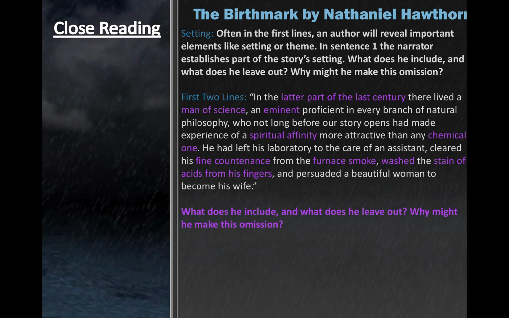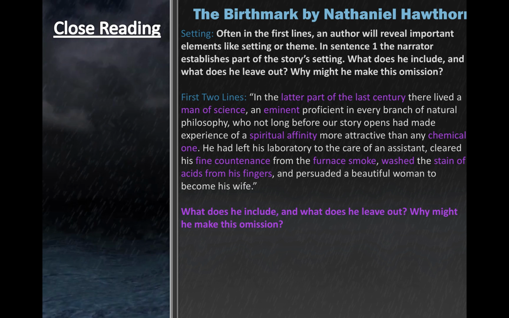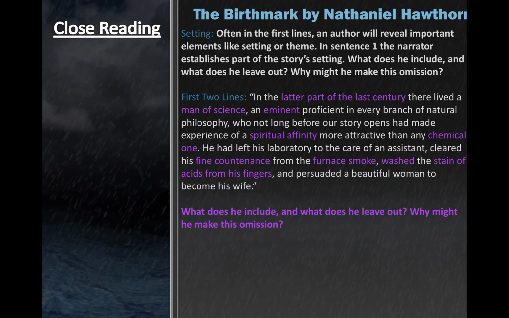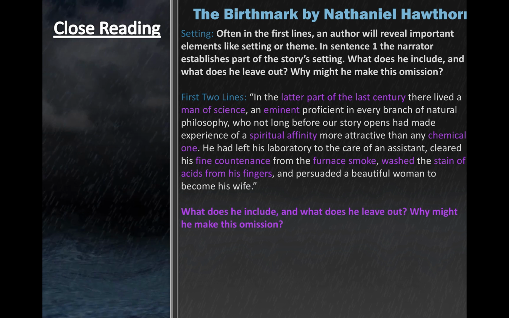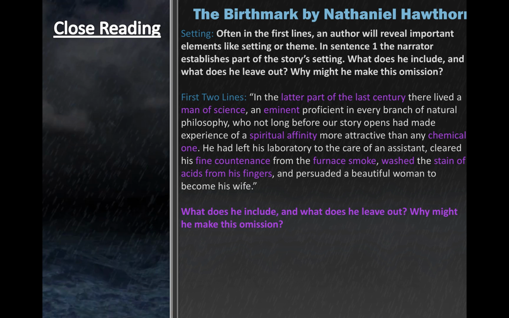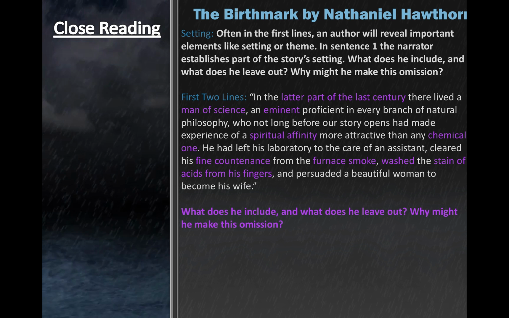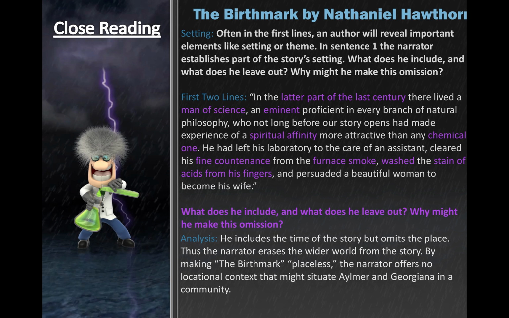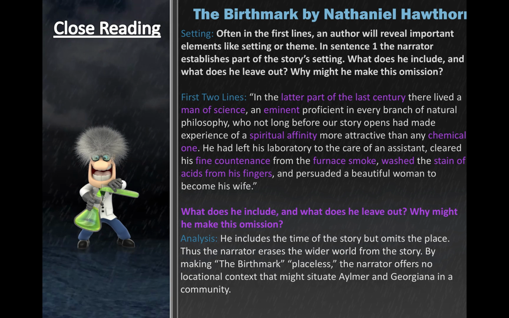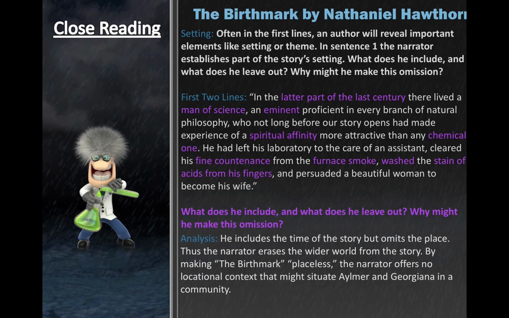and persuaded a beautiful woman to become his wife. Okay, so the first thing, we get man of science first thing, and we get beautiful woman is the first thing we know about Georgiana. Those first things we're given about character are important. So he omits the place. He doesn't say where this is.